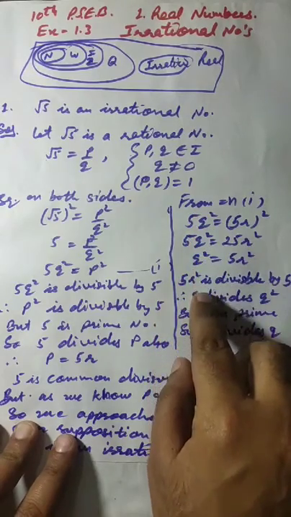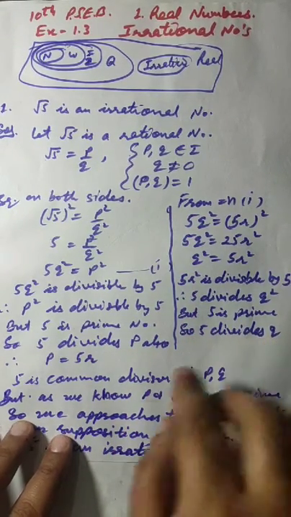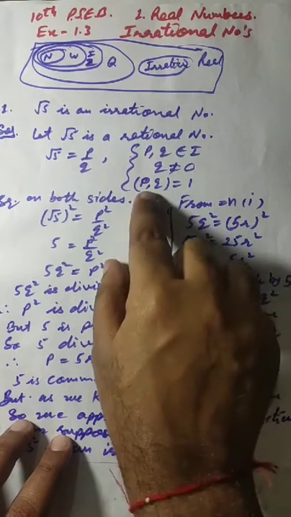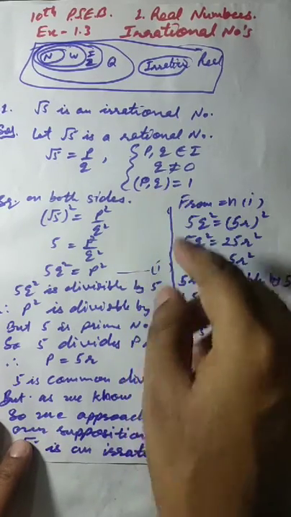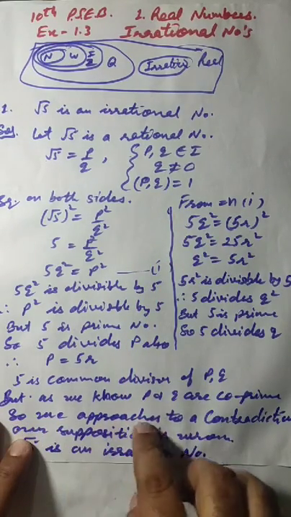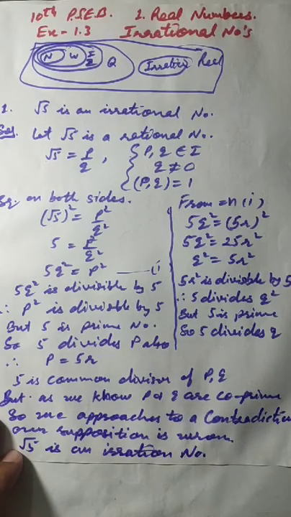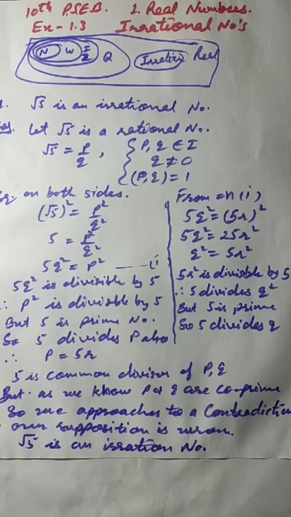Similarly, solving with the same process, we will get 5 divides q. So we got 5 dividing both p and q, but we have taken p and q as co-prime numbers, so we get a contradiction here. Therefore our supposition that root 5 is a rational number was wrong. So root 5 is an irrational number.